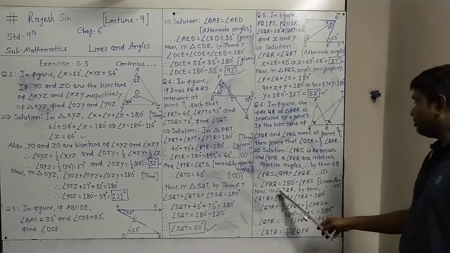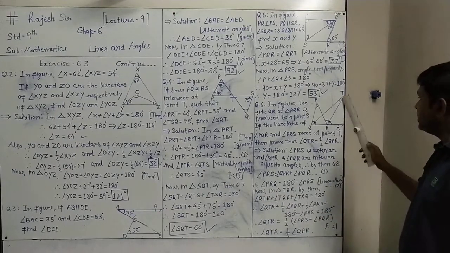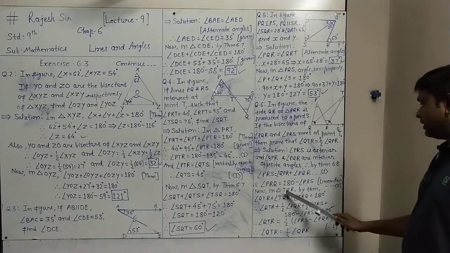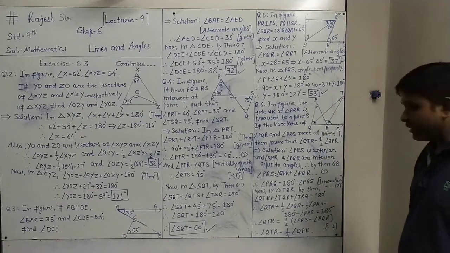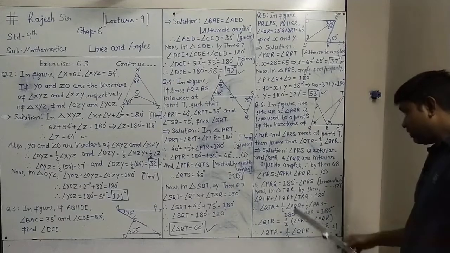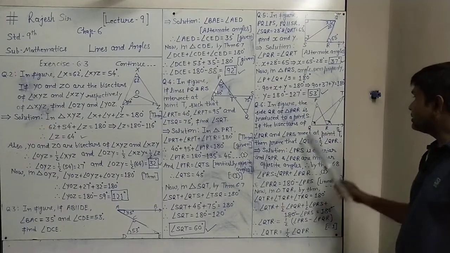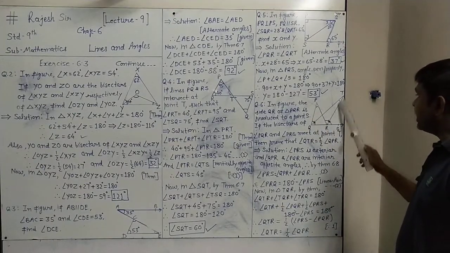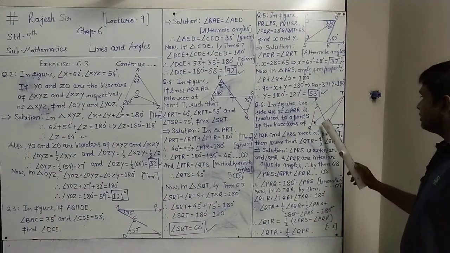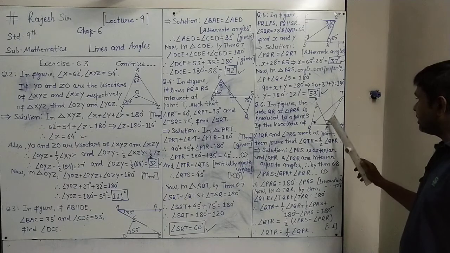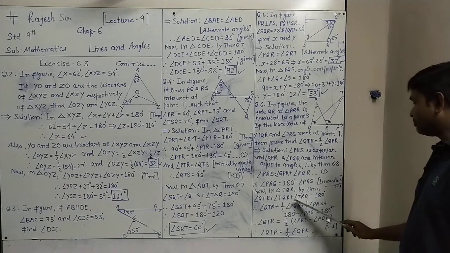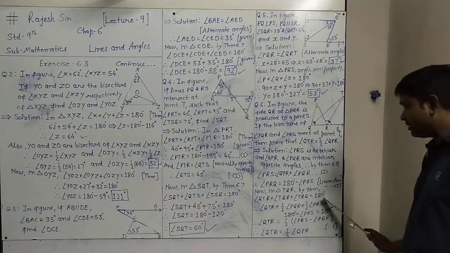Now take the triangle TQR. By the theorem, the sum of all three angles is 180. So angle QTR plus angle TQR plus angle TRQ equals 180.